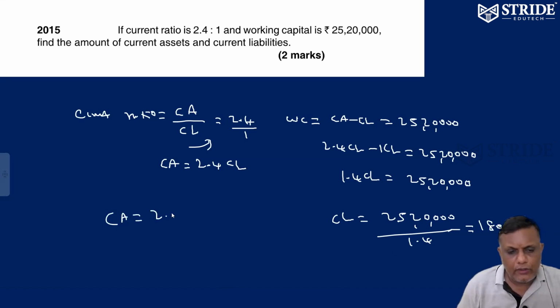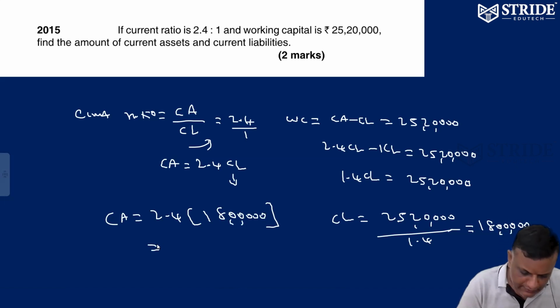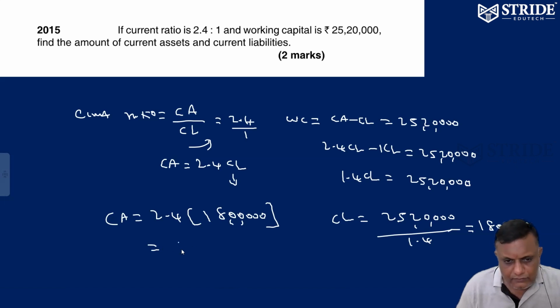So current asset is equivalent to 2.4 into current liability, that is 18 lakhs. So 18 lakhs into 2.4, answer? 43,20,000, correct?